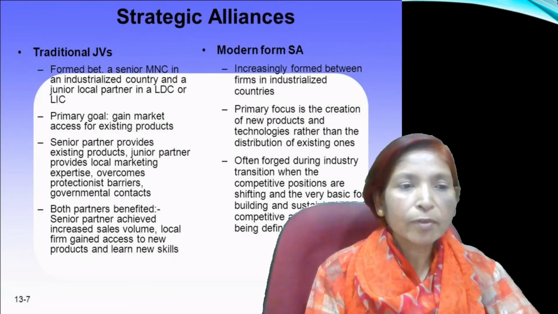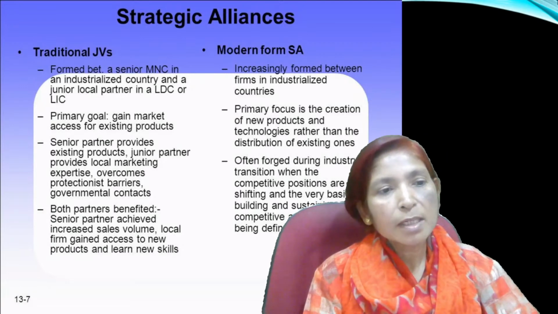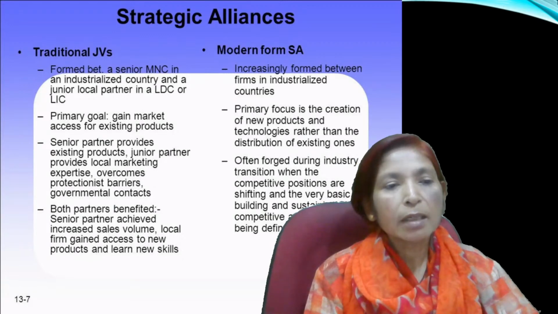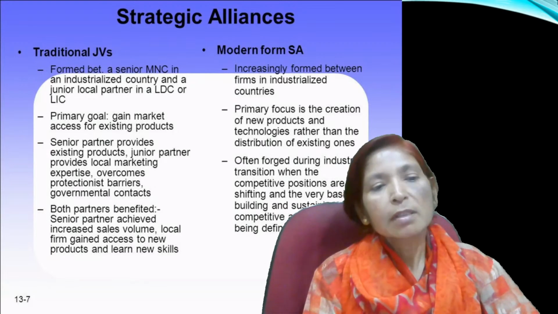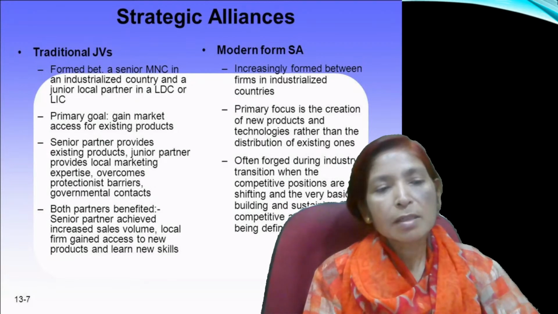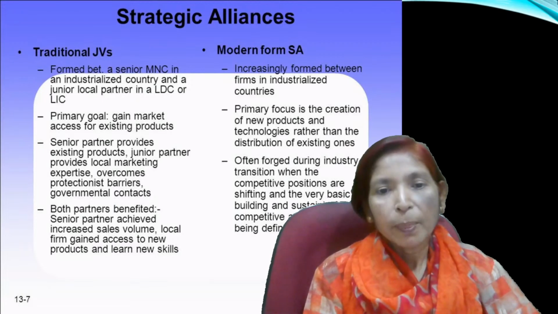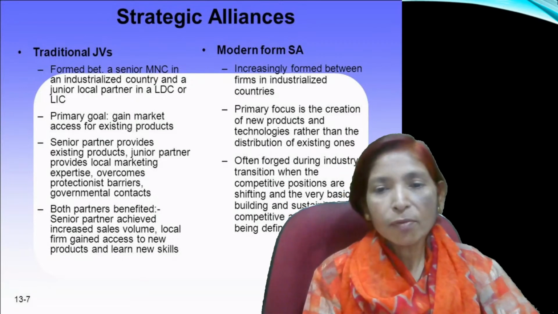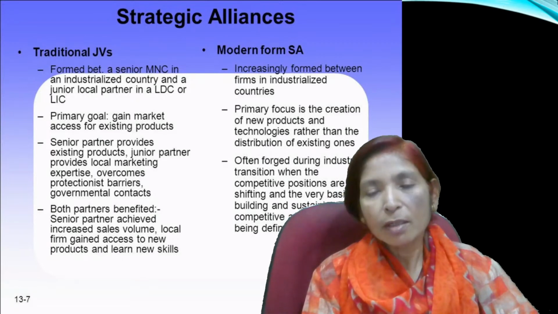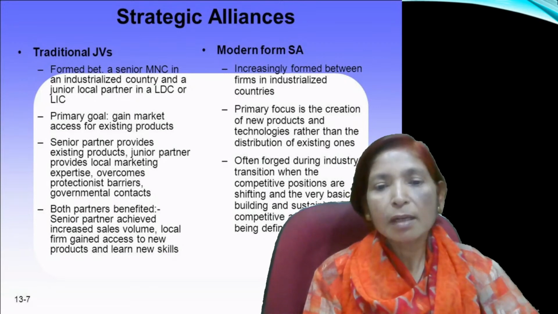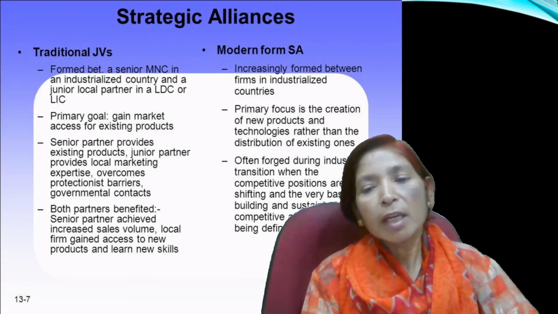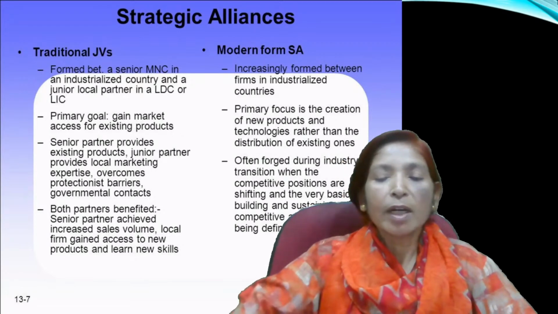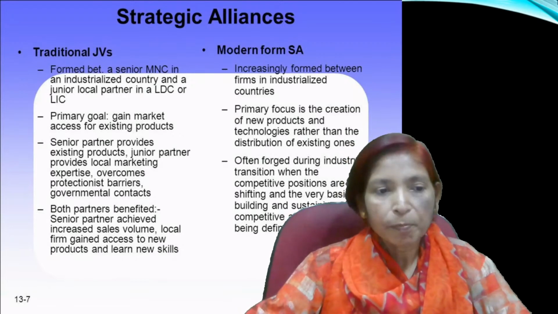In a traditional joint venture, the senior partner provides existing products and the junior partner provides local marketing expertise, overcomes protectionist barriers, and offers governmental contacts. But modern strategic alliances are often formed during industry transition, when competitive positions are shifting and the very basis for building and sustaining competitive advantage is being defined.